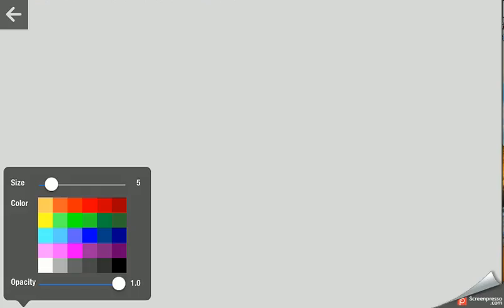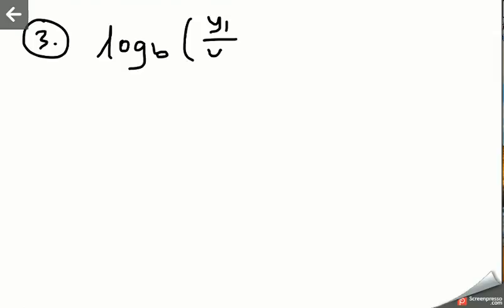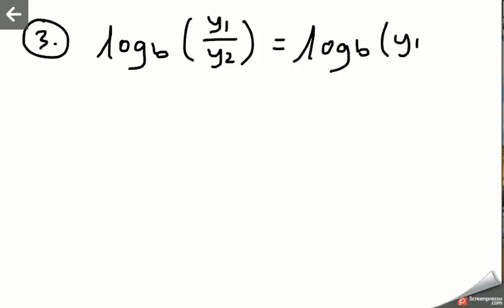All right, rule number 3, the division rule. We'll stick with the same y1 and y2. In this case, we'll take log to the base b of y1 divided by y2. Well, that's equal to log to the base b of y1 times y2 to the negative 1.